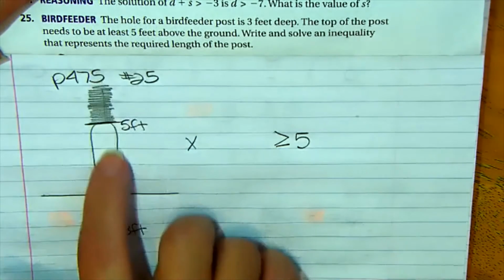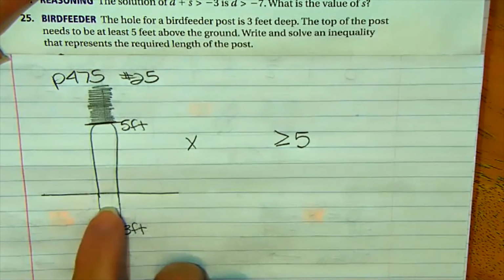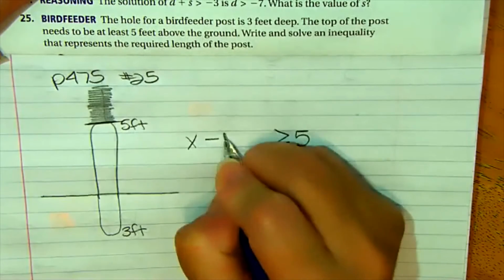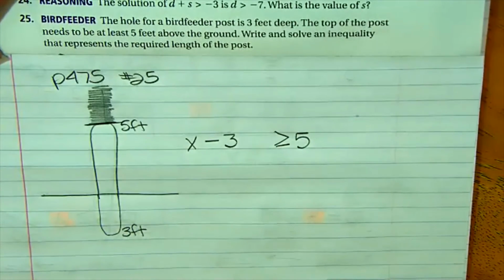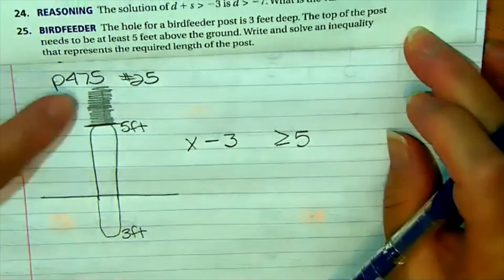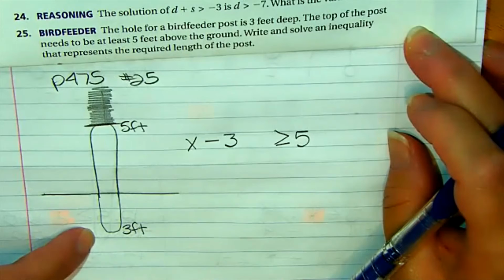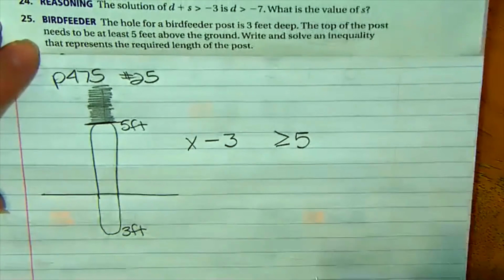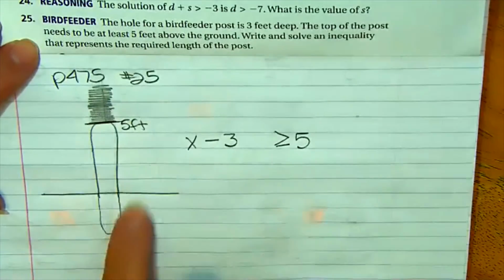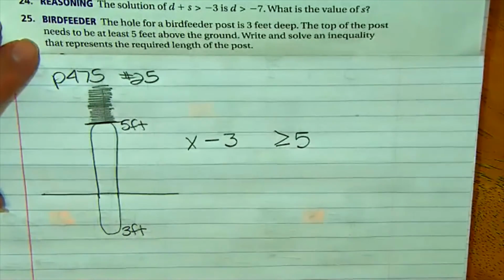So we have all of this positive space, which is X, but we also need to include this -3 that's under the ground. So this is all X, and then -3, we need to include that. And we need to make sure that this whole thing is greater than or equal to 5.